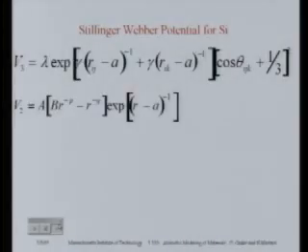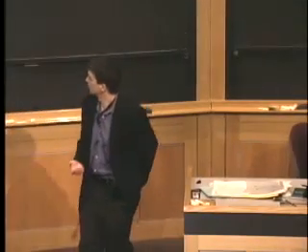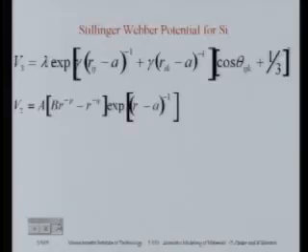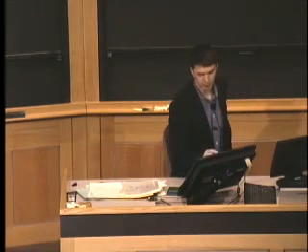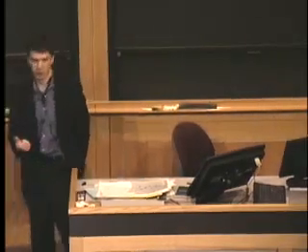Okay, the most famous 3-body potential is probably the Stillinger-Weber potential, which, as you can see, has this cosine theta form for the angular part. This is the distance dependence of the angular part, so how much should you penalize angular deviations as the distance gets further, and then this is the 2-body part, which is a Morse-like potential.